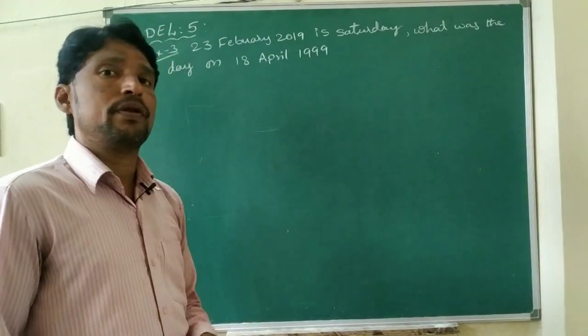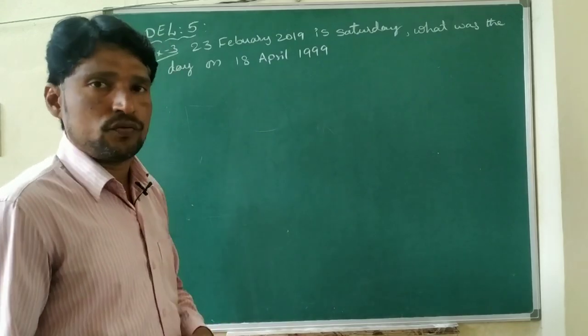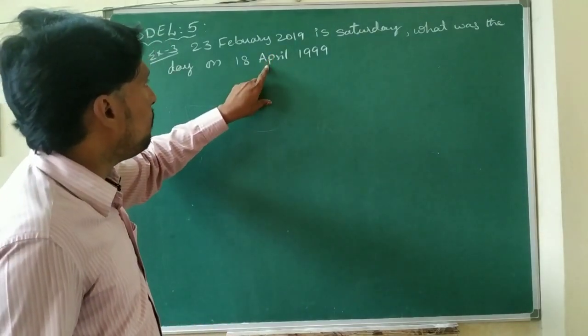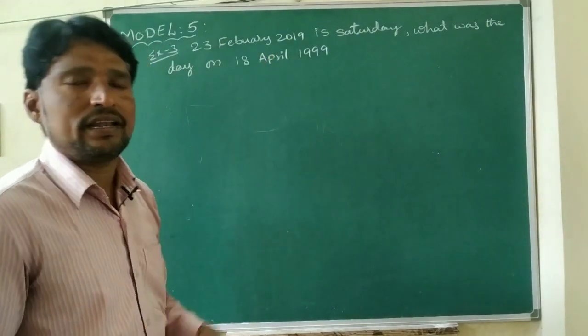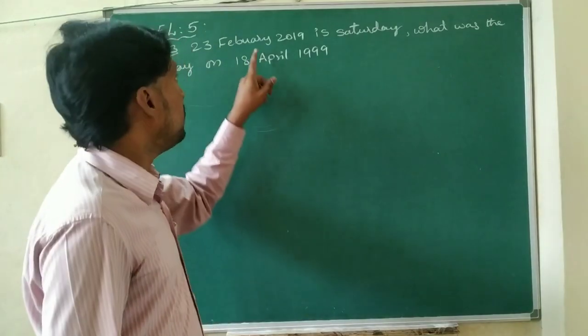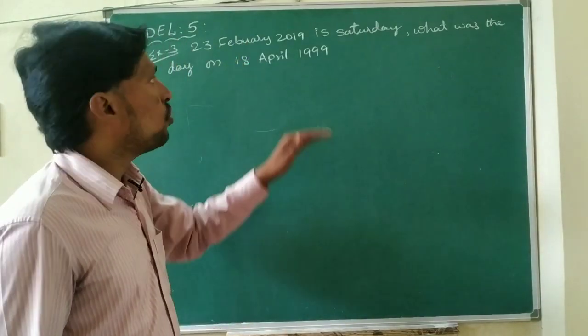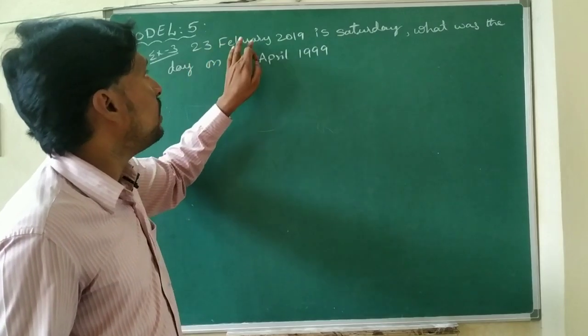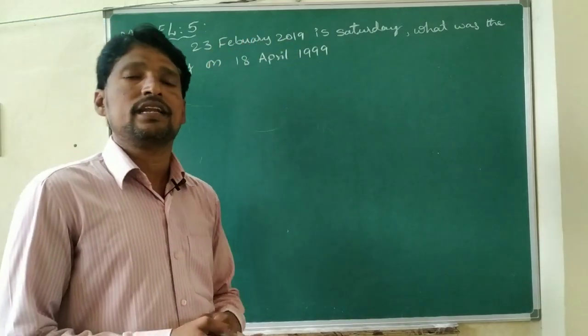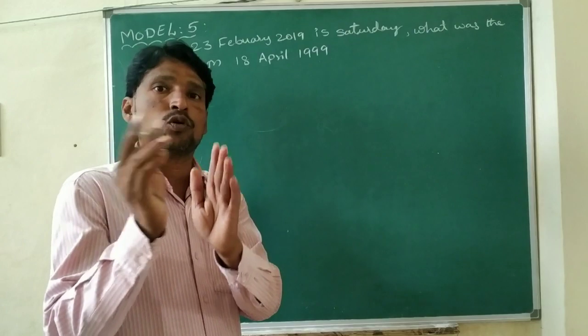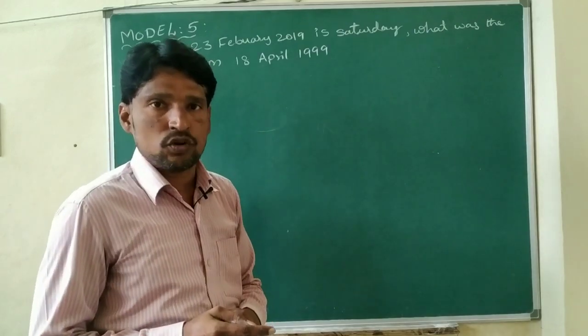So we need to find the previous year's day. So here April to April it is the year. But here up to February only there. So it is February 2019, it is not the complete year. Means up to February 2018 only we need to take.